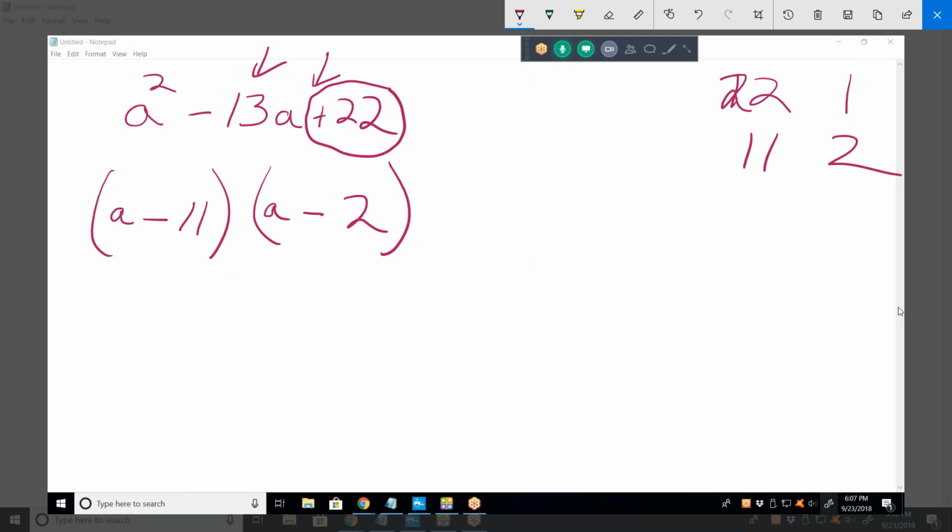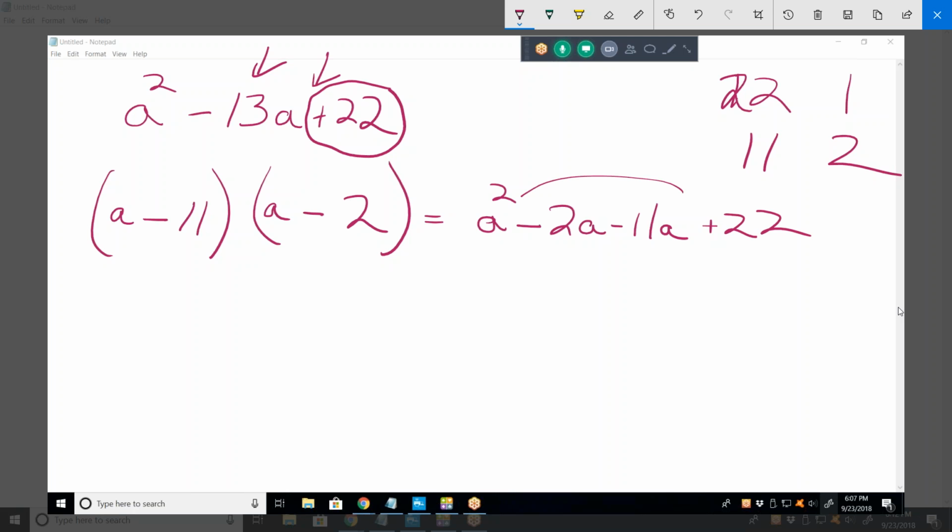Now, just to show you, go ahead and FOIL those two together. What do you get? Okay, if you were to actually FOIL them, you would get this. And then the last term would be plus 22.